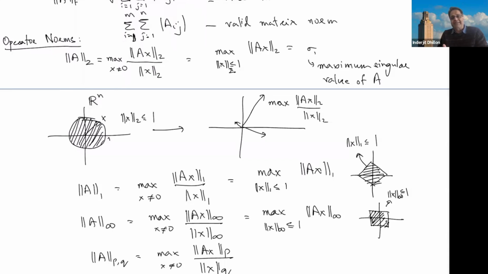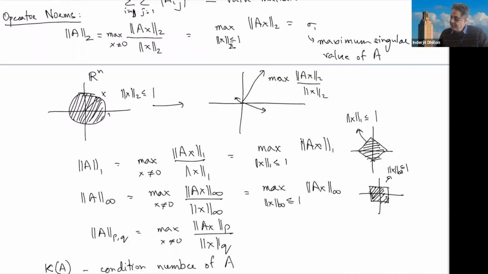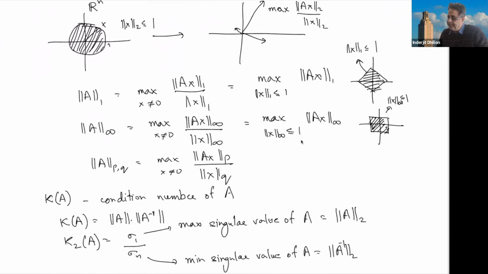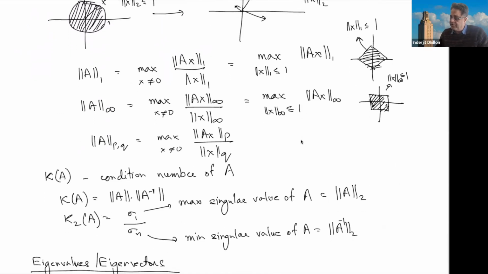So if I take an x and I apply A to it, how big or small is A times x compared to x? And that we can measure in different norms. If we measure it in the 2-norm, then we get the maximum singular value of the matrix A. And similarly, we can get the 1 operator norm of a matrix and the infinity operator norm.